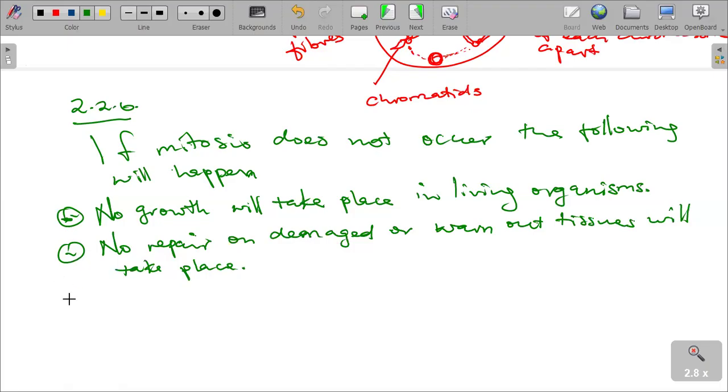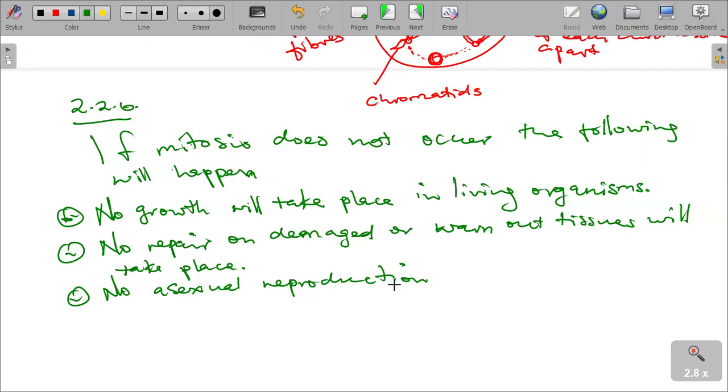And then the last one is that we can also say no asexual reproduction in unicellular organisms. We are talking about the production of plants or vegetation without the use of seeds.